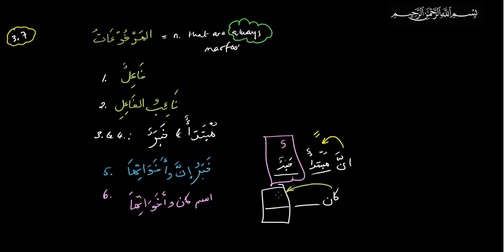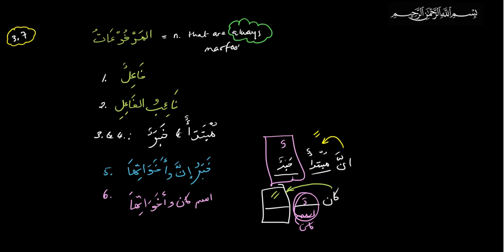Kana will make the khabar mansub, but it will keep the ism rafa, just like the ism inna. So this will be ism kana. Ism kana will remain rafa. So inna affects the mubtada, and the khabar remains rafa. Kana affects the khabar, but the ism kana remains rafa. So ism kana and its sisters will remain marfu.